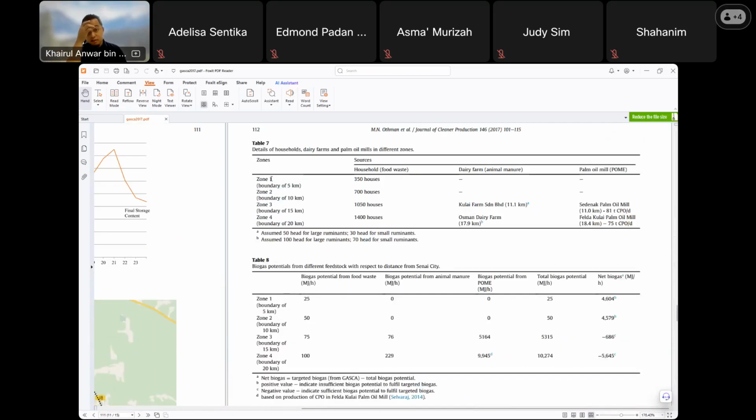Table 7 is the amount of household, dairy farm, sorry, palm oil mill. Table 8 is the biogas potential from different feedstock with respect to distance from Sunrise City.